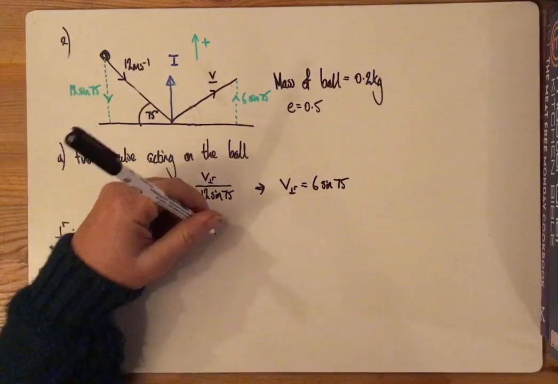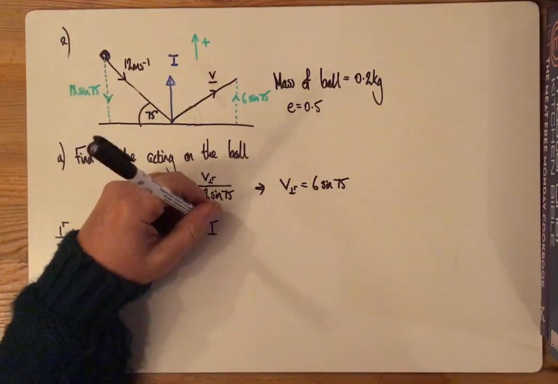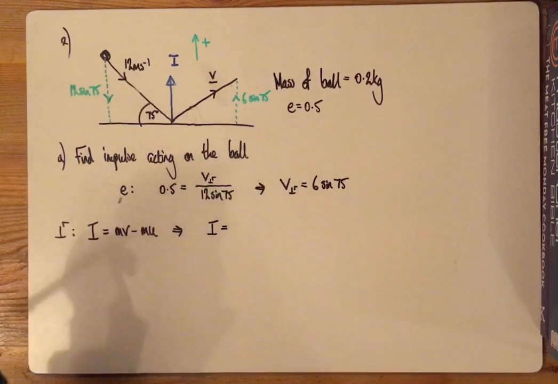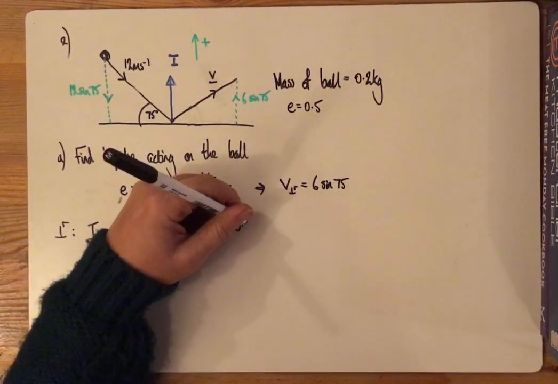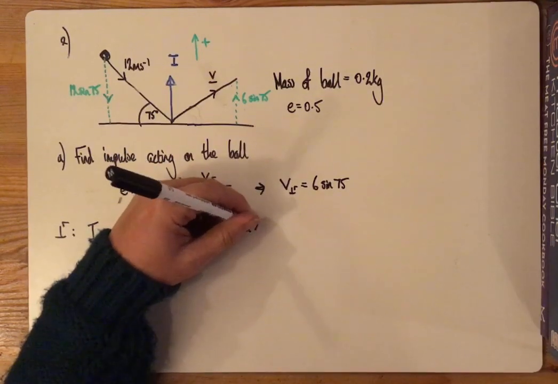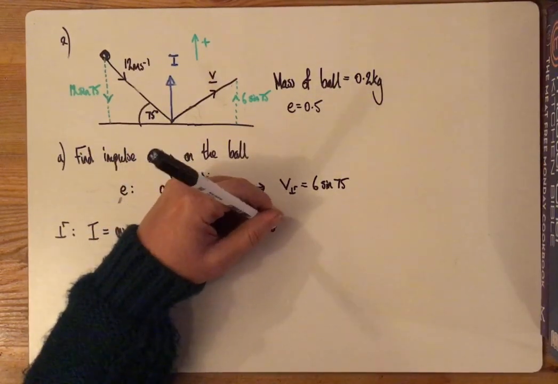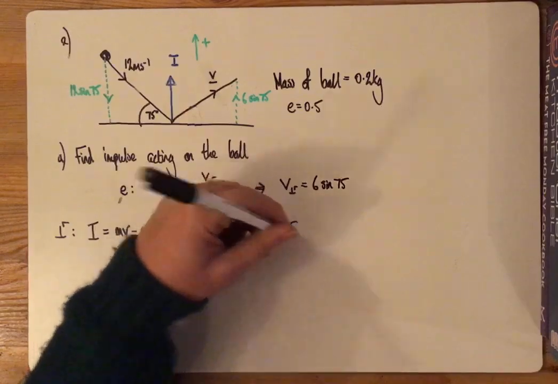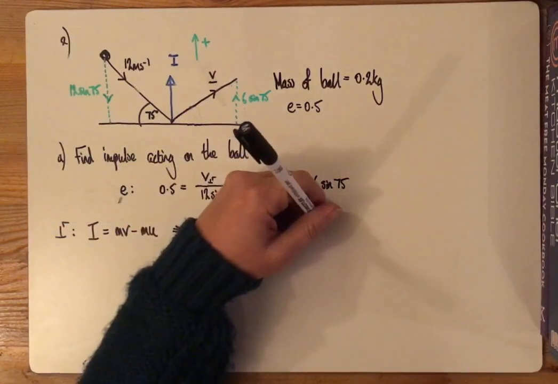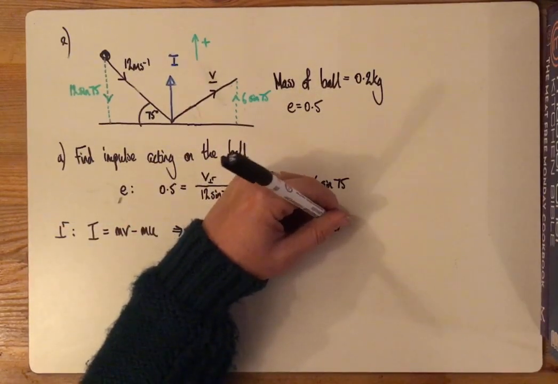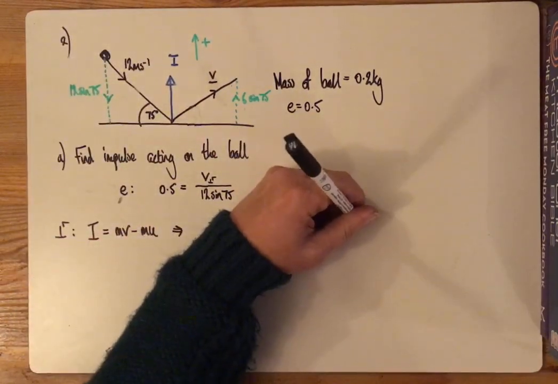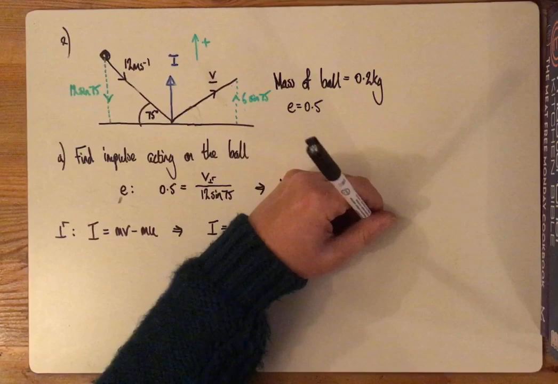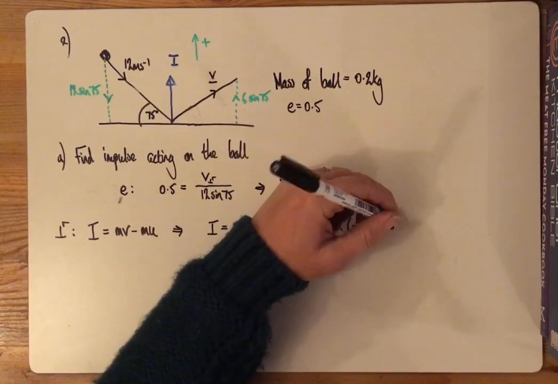And so impulse is equal to m, which is 0.2 v, minus mu. But u is acting in the opposite direction, so this is minus 12 sine 75.